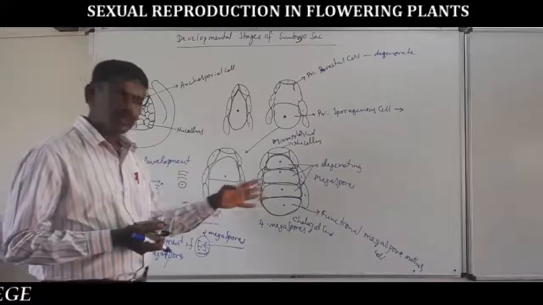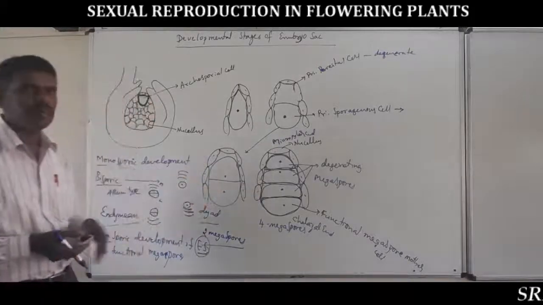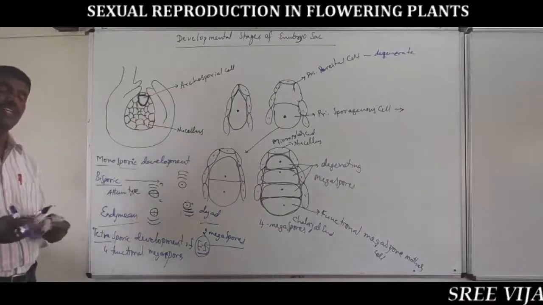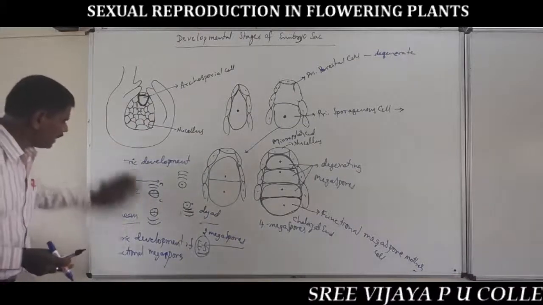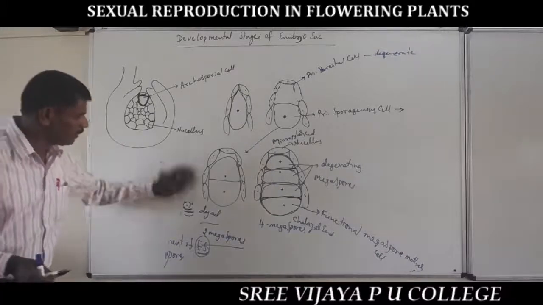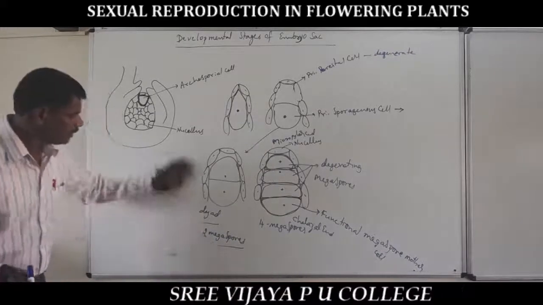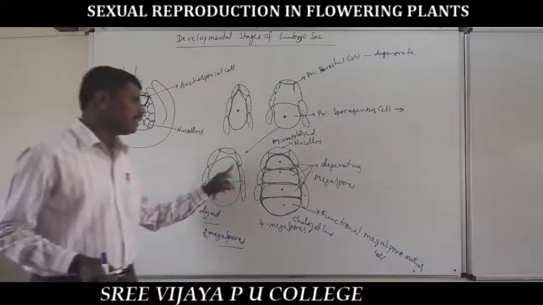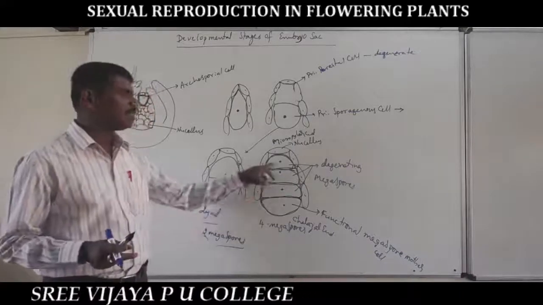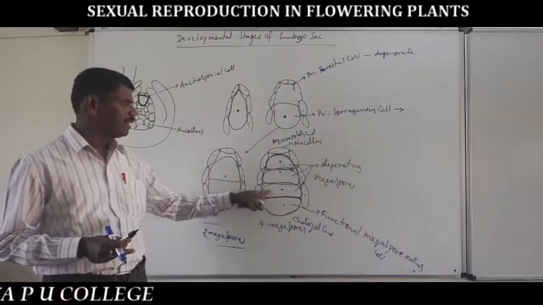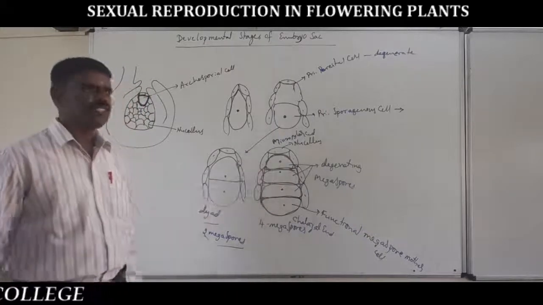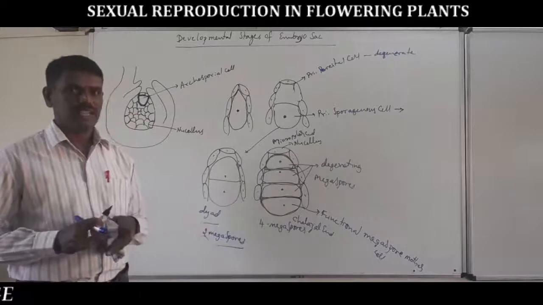So the number of cells in the embryo sac depends on that. There are different types of embryo sac development depending upon the megaspores remaining and their arrangements.